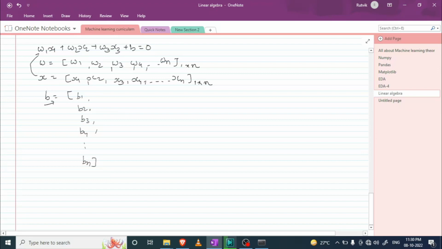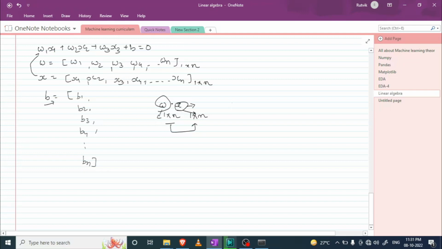Now I want to perform some operation on three vectors and get this equation. Suppose we write w into x, but this multiplication won't be performed. Why? Because as you can see here, we have the same orientation, and multiplication won't be performed between two such vectors. To perform multiplication, we need to change the orientation of x or of w. So we are going to change the orientation of w with the help of transpose.